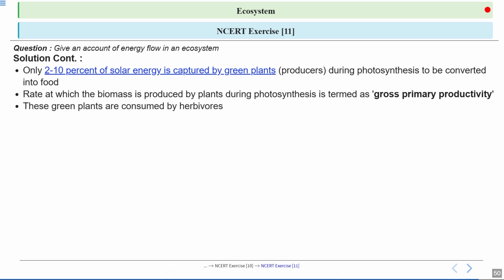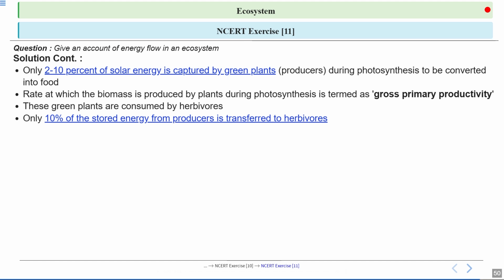which means it measures how much energy plants capture from sunlight to make their food. Now, these green plants are consumed by the herbivores. Okay, so you can see the first trophic level is occupied by the producers. They are producing biomass, they are producing energy through photosynthesis. Then the next trophic level is occupied by the herbivores. These herbivores are feeding on the plants. Okay, clear?